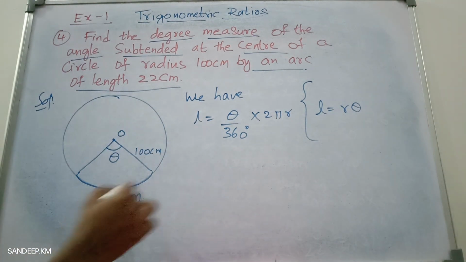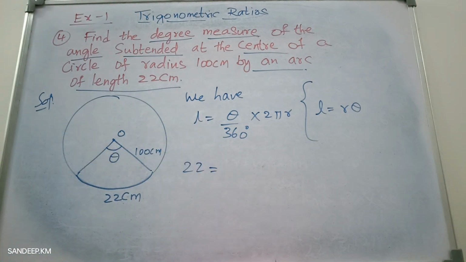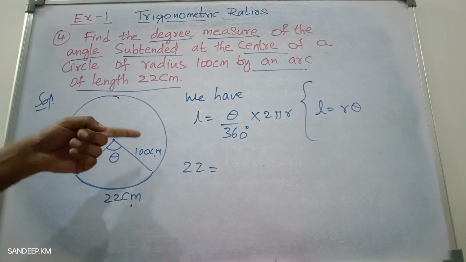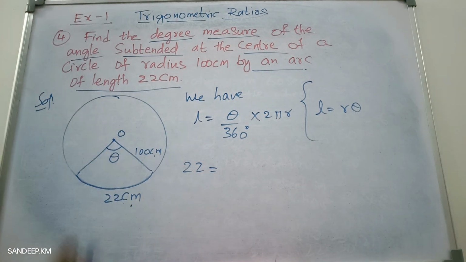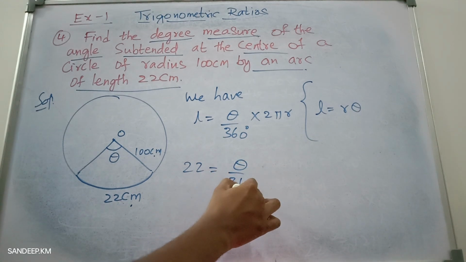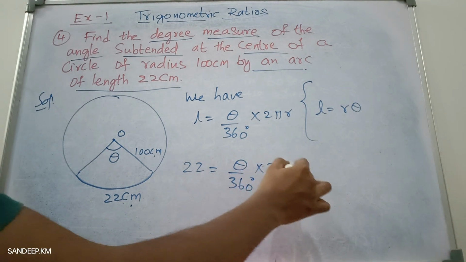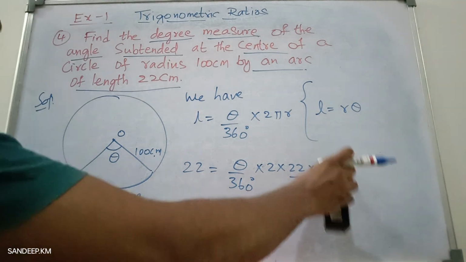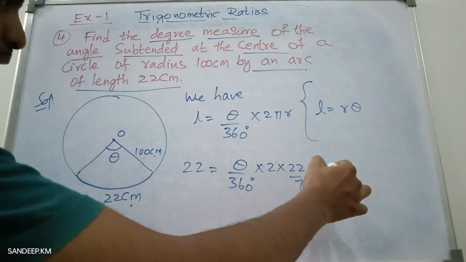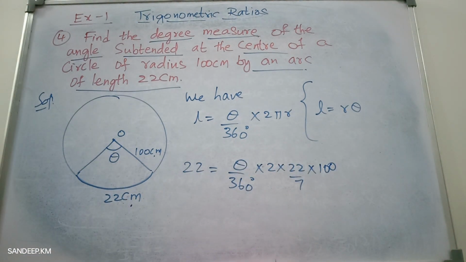Now length of the arc is 22 centimeters. You make sure that the units are the same. Sometimes what happens is one will be in meters, the other will be in centimeters, so you have to be careful in that case. So 22 is equal to theta by 360 degrees into 2 into pi, which is 22 by 7, into radius 100. Radius and length of the arc both are in centimeters.